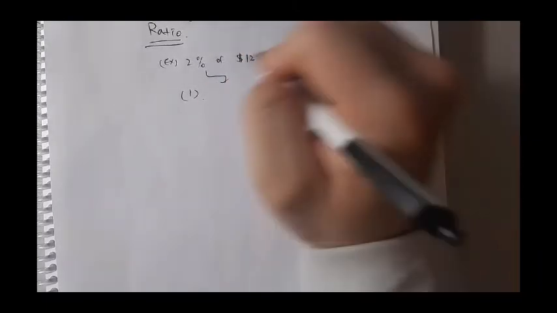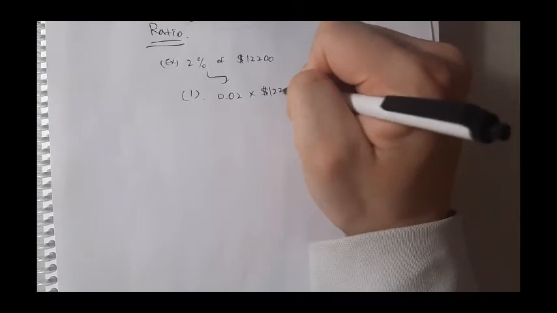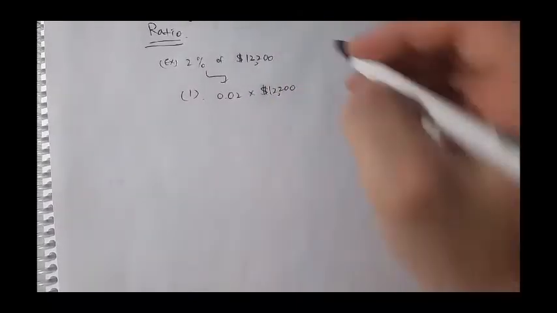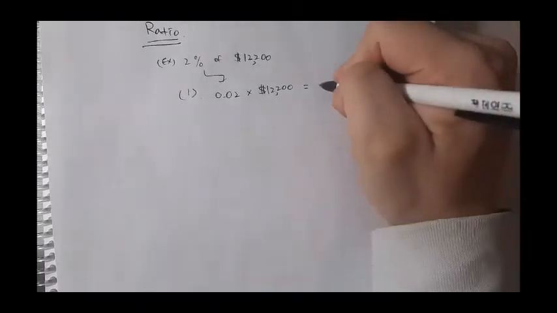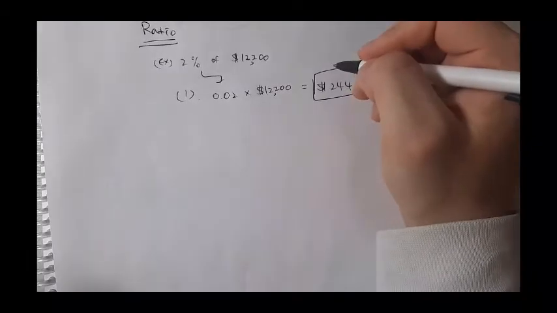Convert this percentage into a decimal, 0.02, and multiply by the whole thing, 12,200. Then you will get about $244. This is one of the ways.